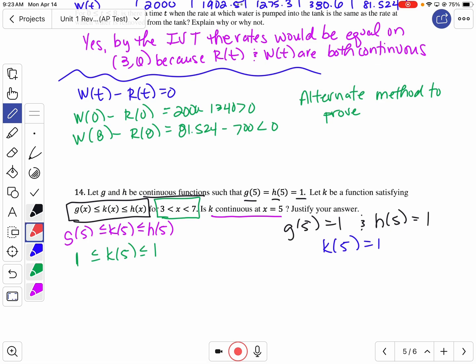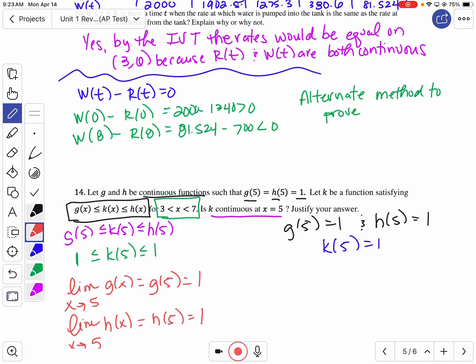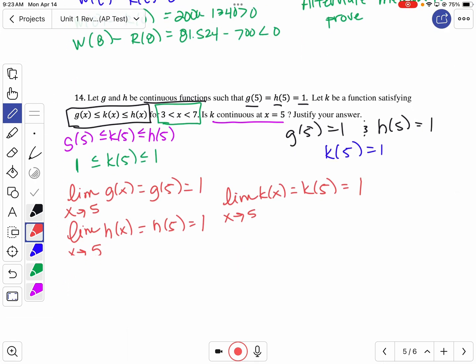So we would look at the limit as x approaches 5 of g of x. Well, that's the same thing as g at 5, which is just 1. Then we'll look at the limit as x approaches 5 of h of x, which is just h at 5, which is equal to 1. Then we'll do one last limit, the limit as x approaches 5 of k of x. That would be k at 5, which is just 1. So we had to prove that all those things were equal.